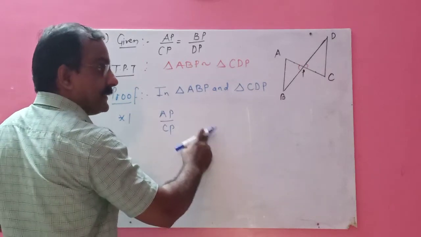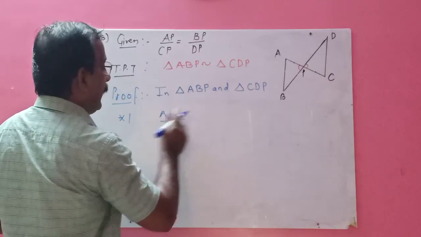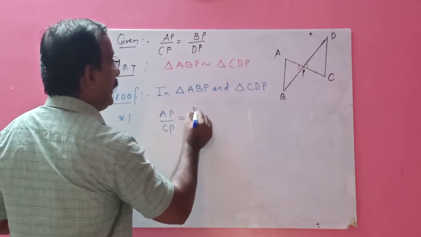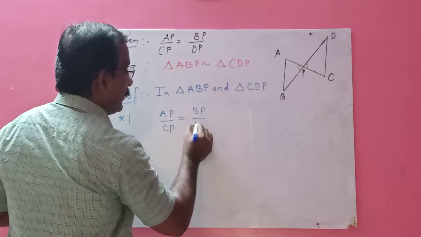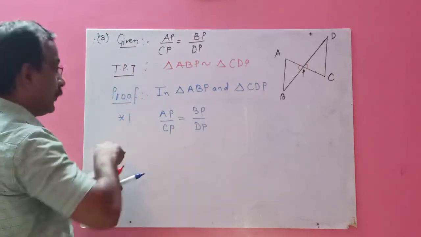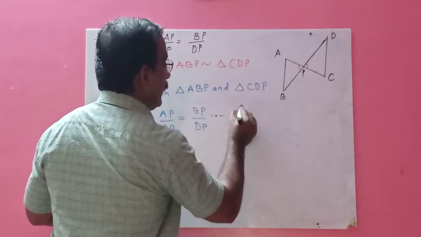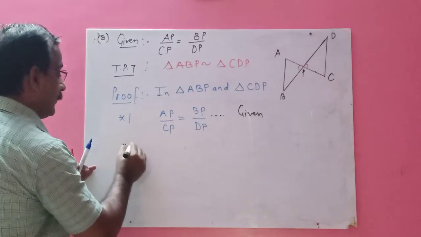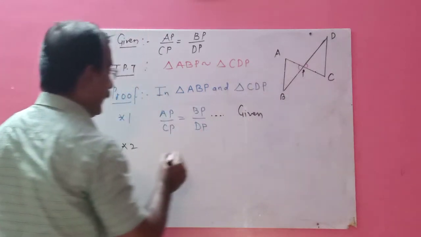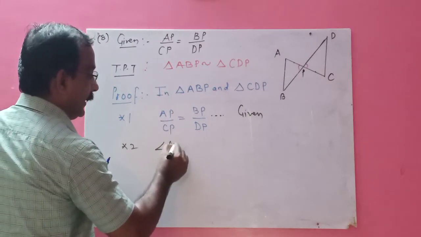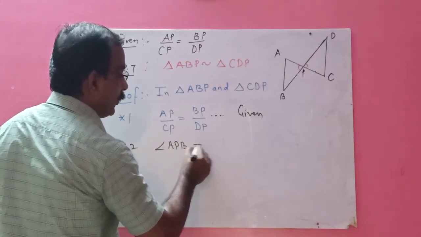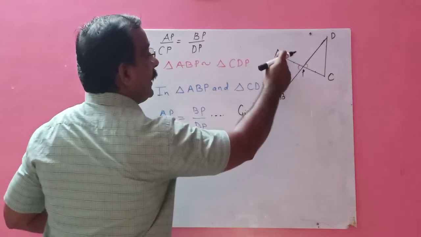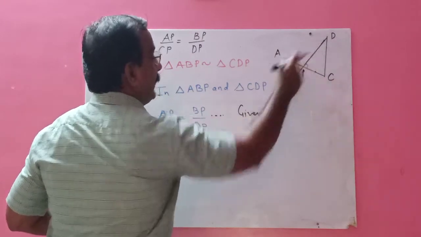Two sides are in ratio, means AP upon CP is equal to BP upon DP. This is already given. So here the reason is it is given. Okay. Second point is angle APB is congruent to angle CPD.